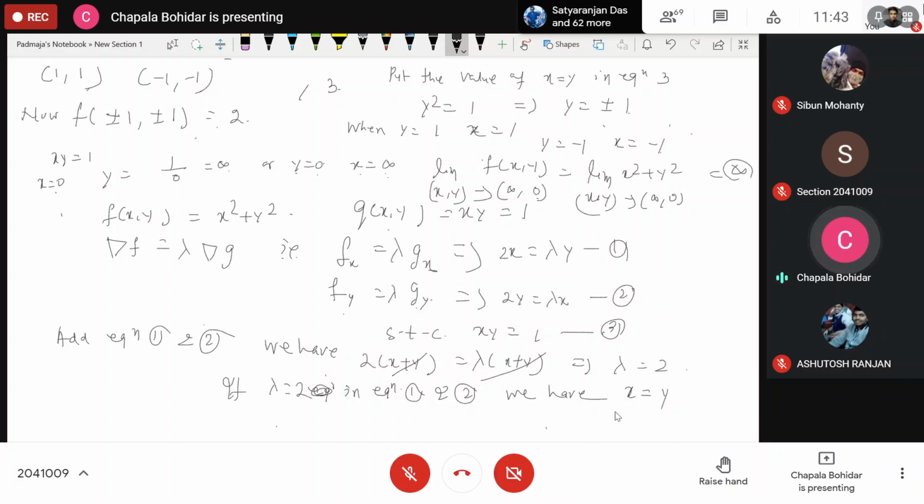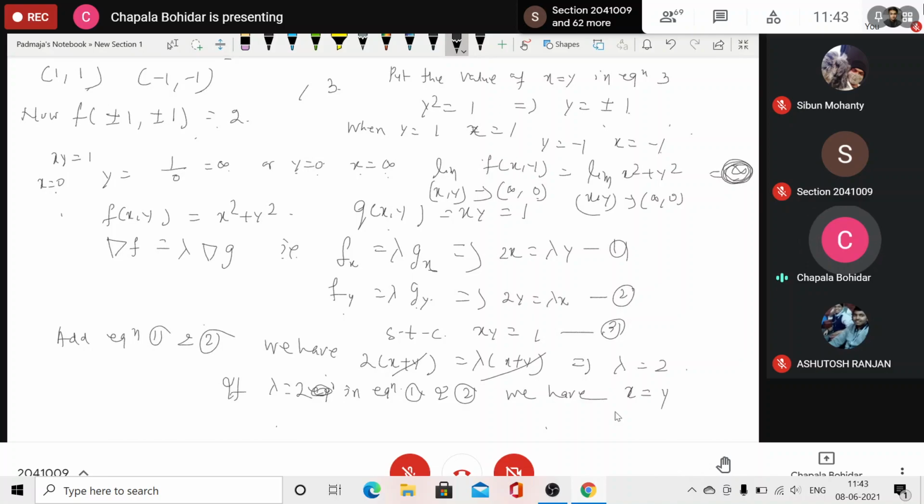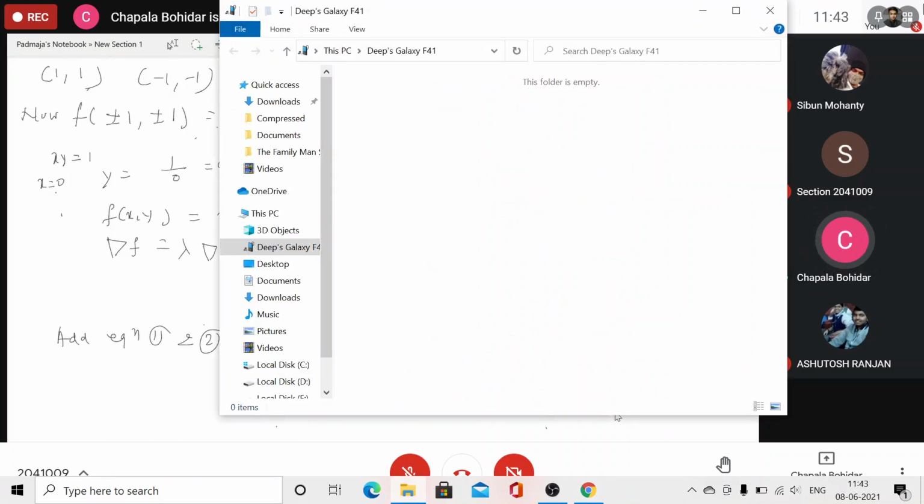So infinity would be our maximum value, but it is coming as infinity. So we say there is no maximum value, only the minimum value, that is 2.